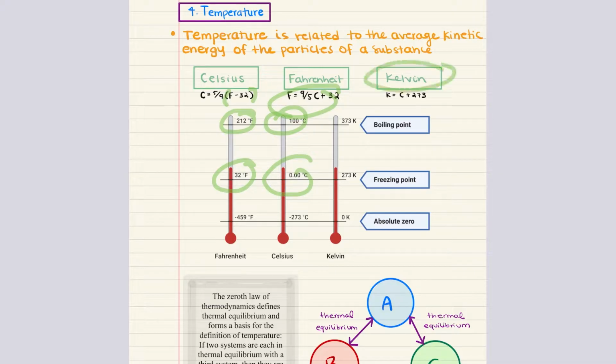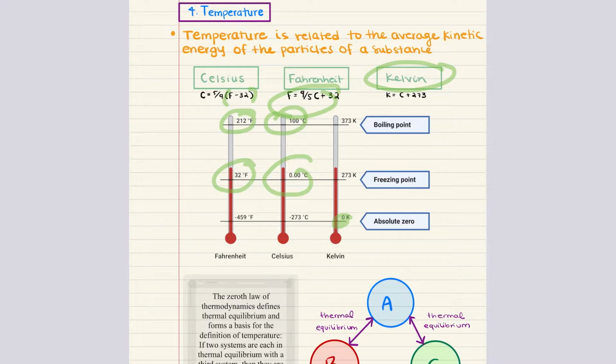Then our last scale that we're going to talk about is the Kelvin scale. This is the standard unit of temperature in the International System of Units, the SI units, and it's used extensively in scientific research. The Kelvin scale starts at absolute 0. All right, this is 0 Kelvin. This is the point at which particles theoretically stop moving entirely.